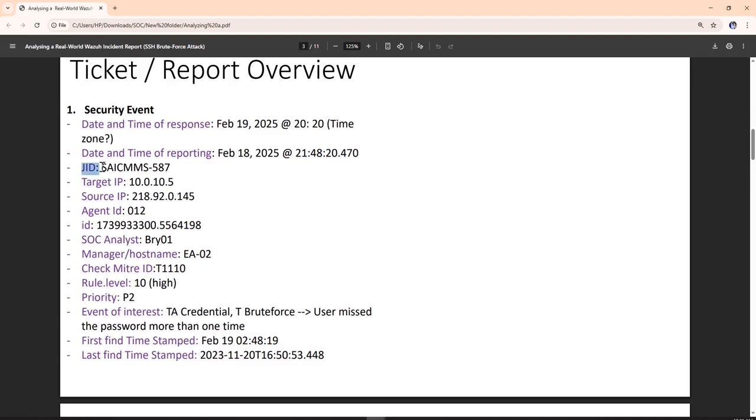Then we are seeing JID. JID is Jira ID. Jira is a report management software. So for every ticket that comes out from Jira, it's given an ID number. So this one was tagged SAIMC AMMS 587. These things, for example these ones now, are just variables.